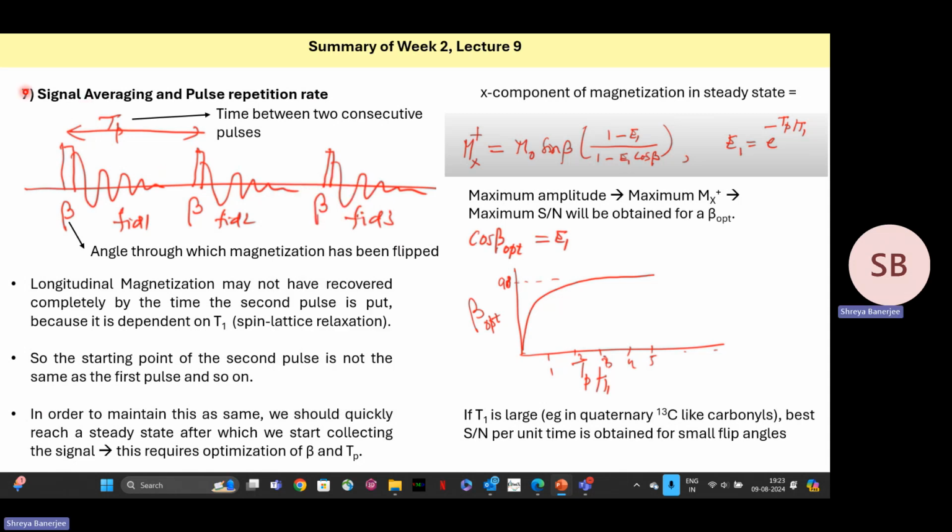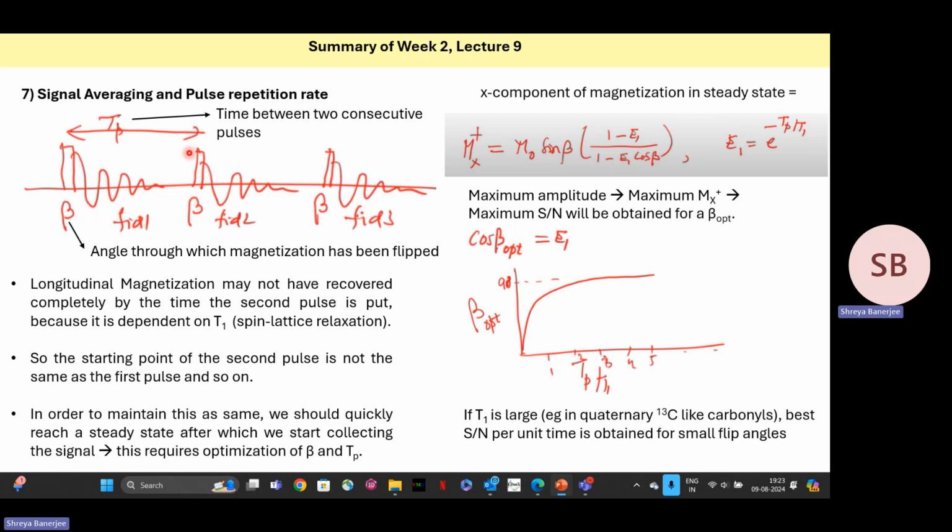Next is your signal averaging and pulse repetition rate. Basically, as I said, we scan the sample multiple times to get a proper signal to noise ratio. We apply a 90-degree pulse and get an FID.